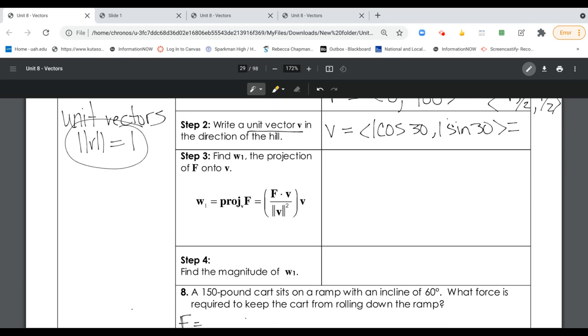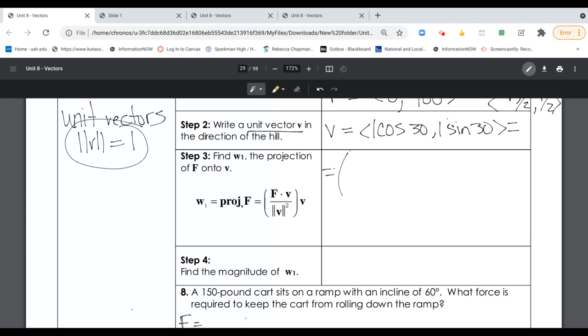So in the next step, we are going to actually find vector W1 by using the projection vector, and that is going to be the dot product of the force vector and the vector V, over the magnitude of vector V squared, and then we're going to multiply it by vector V. So when we go through to do this, I'm only going to do this once because there is a shortcut and I will show you that.